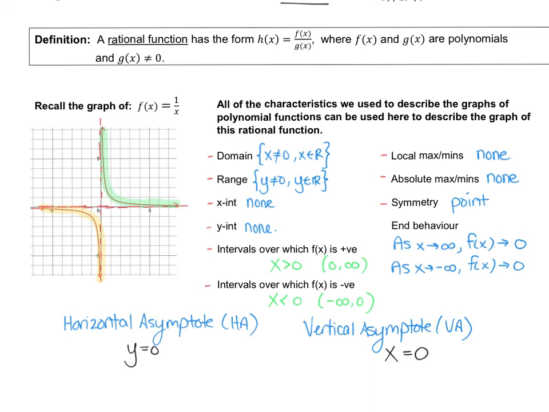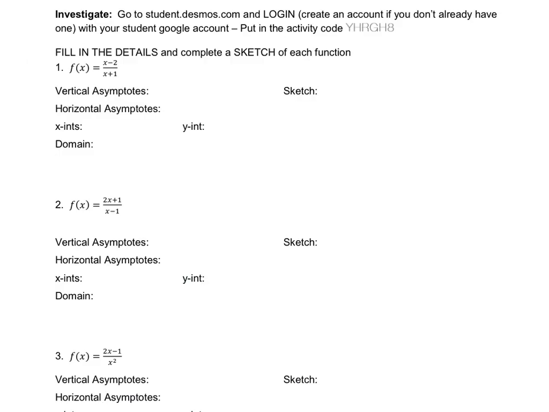Okay, so that's the basic rational function. And what we're going to do now is look at some more complicated ones, and we're going to identify all of these key characteristics as well. Okay, so you're going to use Desmos to help you out with this. You're going to go to student.desmos.com, and you're going to log in with your Google account. And you're going to put in this activity code.